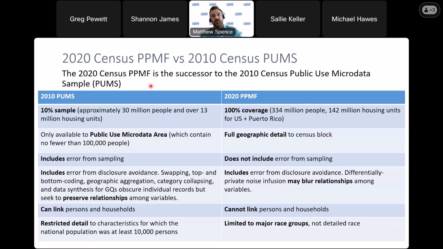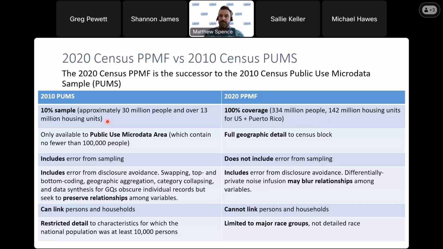The 2020 census PPMF is actually the successor to the 2010 census PUMS. So we're going to walk through the differences here. We've got the 2010 PUMS on the left, and the 2020 PPMF on the right. First, the S in PUMS is sample, so it's a 10% sample. You get about 30 million records out of 300 million for people, and about 13 million housing units.